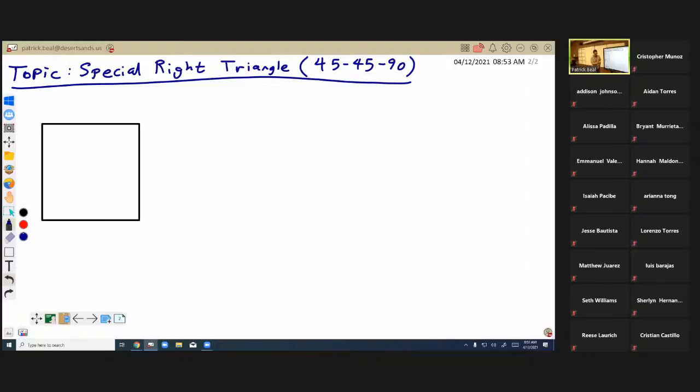What I want to do is cut this square in half along the diagonal. When I do that, I'm going to get what we call a special right triangle. This is special because it is exactly half of a square. Now I'm going to say that each side of the square is 1.